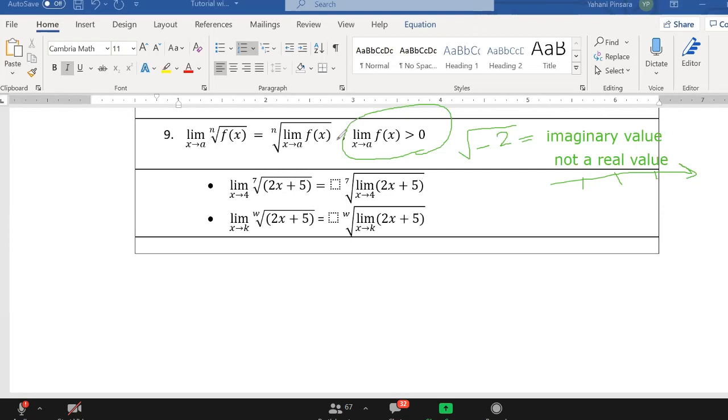Imaginary number computations are not covered by these laws, but real values can be handled by these rules, right? That's why we have used a condition.